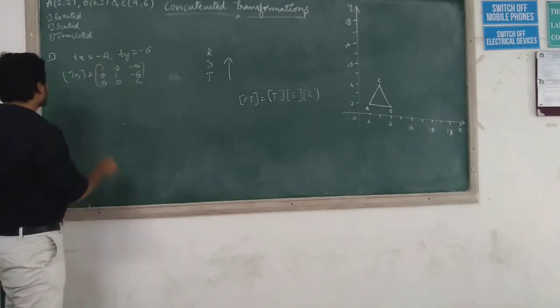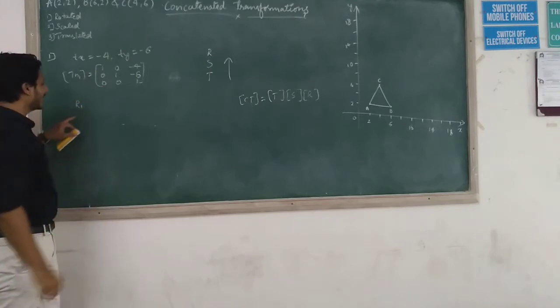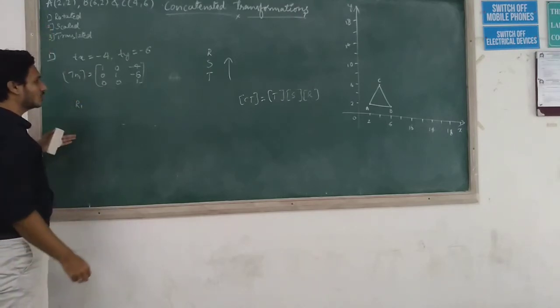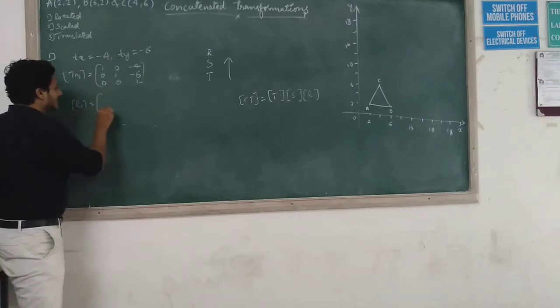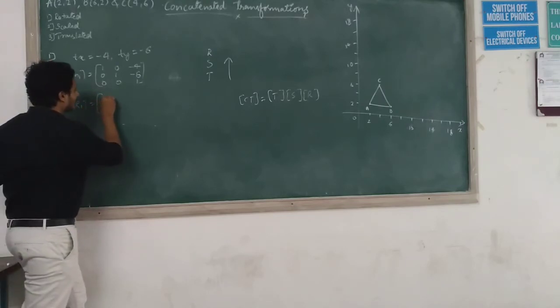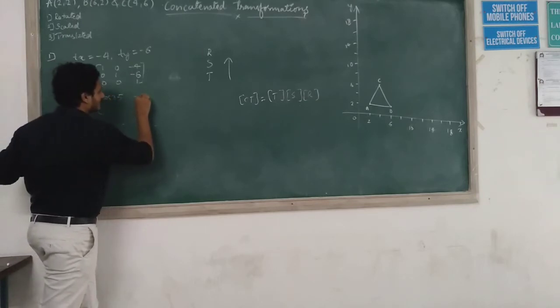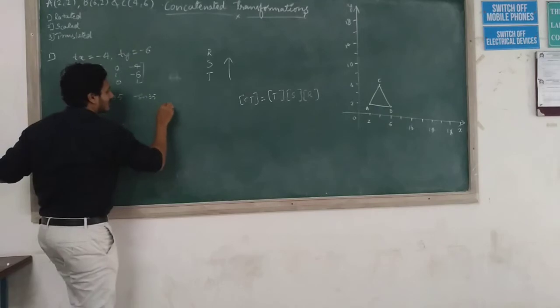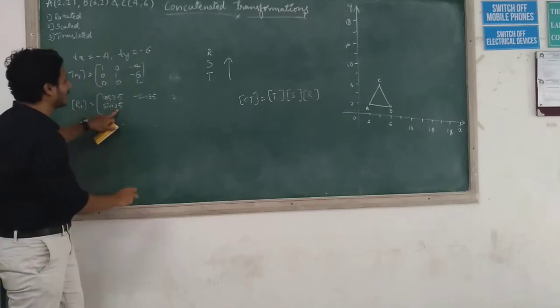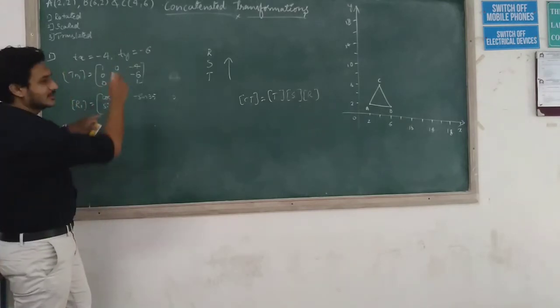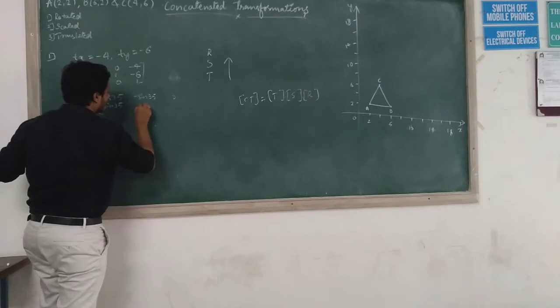Simple one. Next, the rotation. I will take R1 because after that I need to do R for the whole combination. It is cos theta, cos 35, minus sin 35, 0, sin 35, cos 35, 0, 0 0 1, with positive angle theta equal to 35.